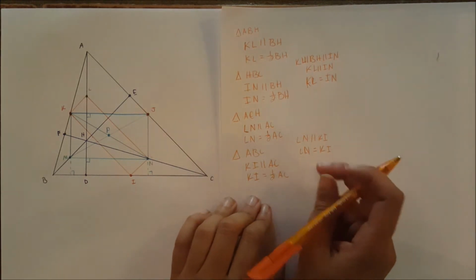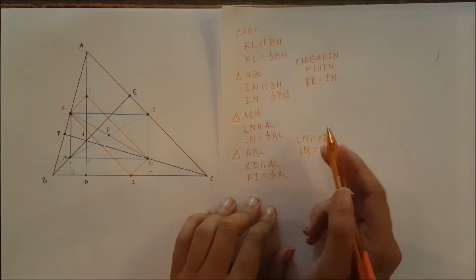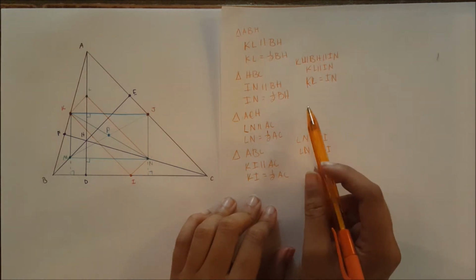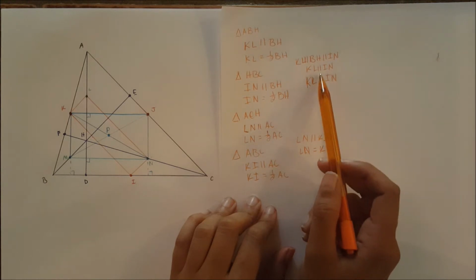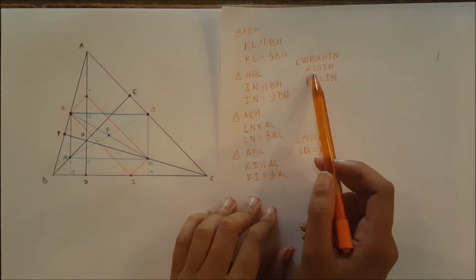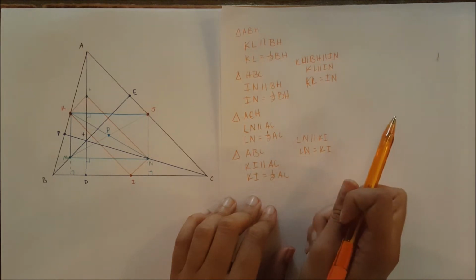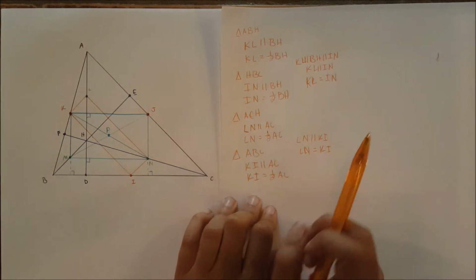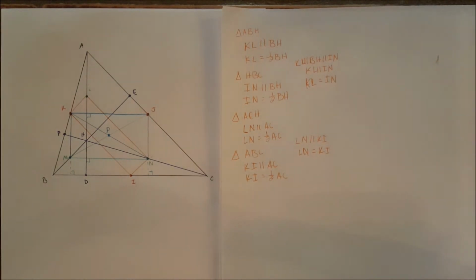Just like the last rectangle we made, we can see that these segments are parallel and equivalent, and they form another rectangle.